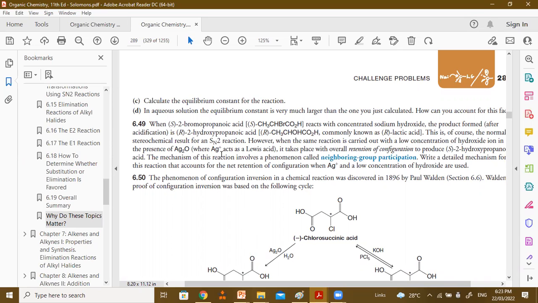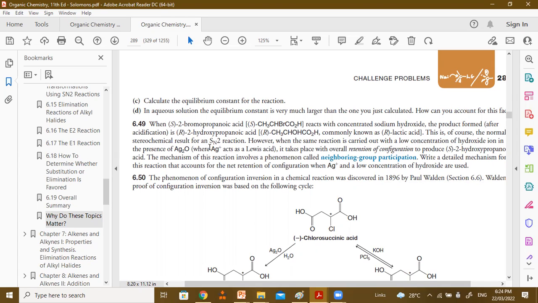So this is the case 6.49, 6.50. Actually, you have to propose, you have to compare and contrast which mechanism will have to be used. And the neighboring group participation simply has to identify the species in the group of atoms that will be involved when you use your Ag as a Lewis acid.